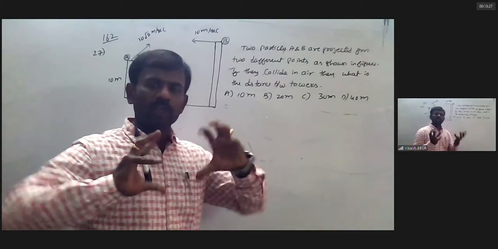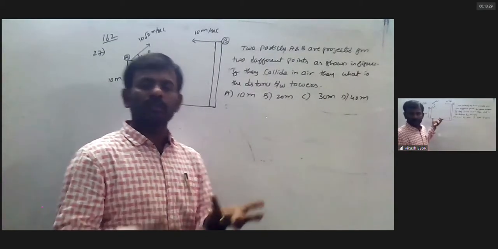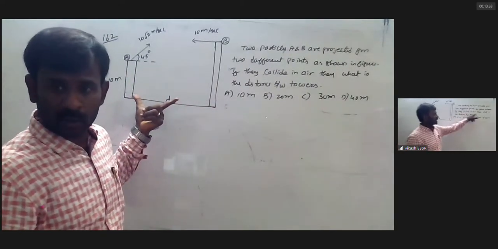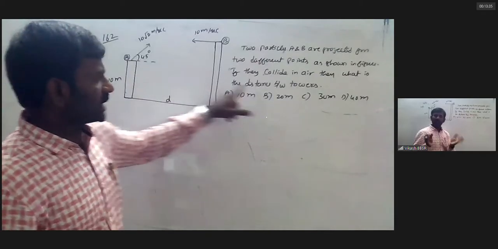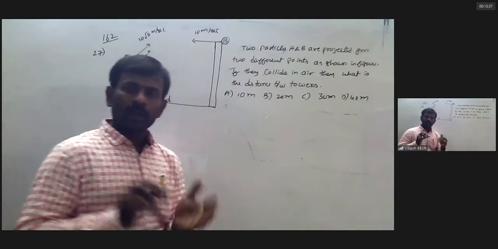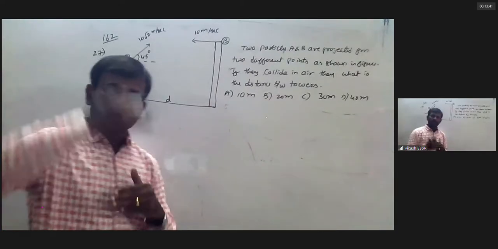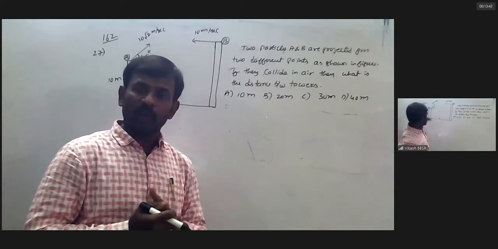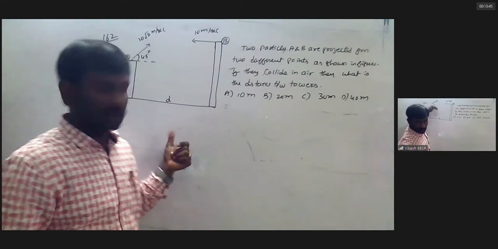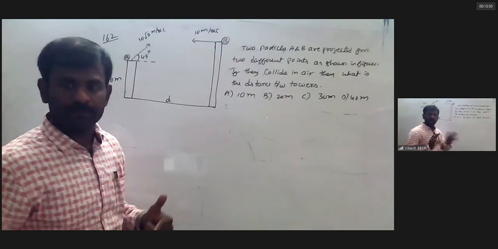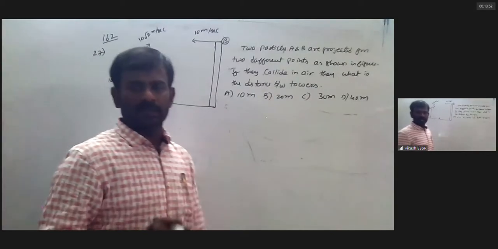Multiple questions we can choose from the one part. Have you got all the questions? Here they are asking only the distance between the towers. Maybe they ask you the time of collision, or the distance of the point of collision from the ground or from any one top, or the velocity before they collide together.